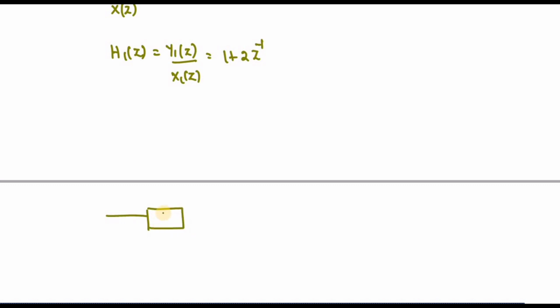This is your z^-1, and the input is x(n). It has to be added. The polynomial coefficient is 1 and here this one is 2. If you add, we get the output. This is your realization of H1(z), where the input is x1(n) and the output is y1(n).